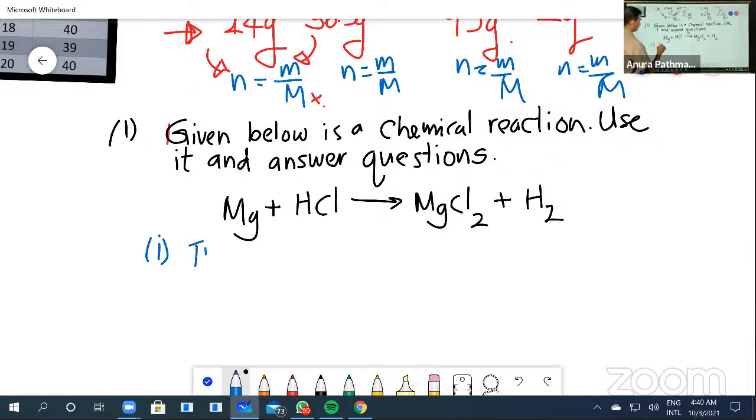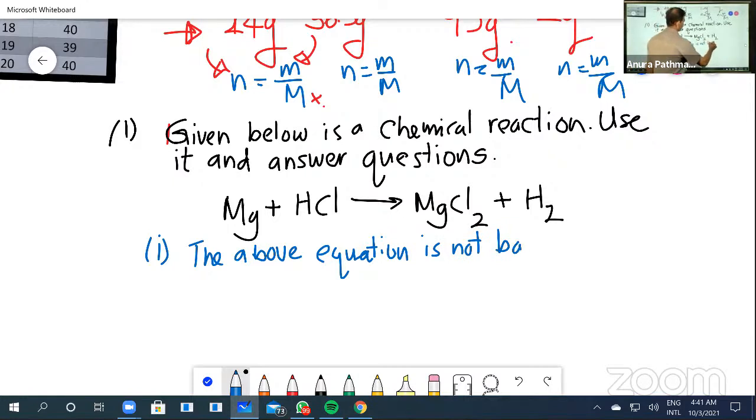The above equation is not balanced. Balance it.